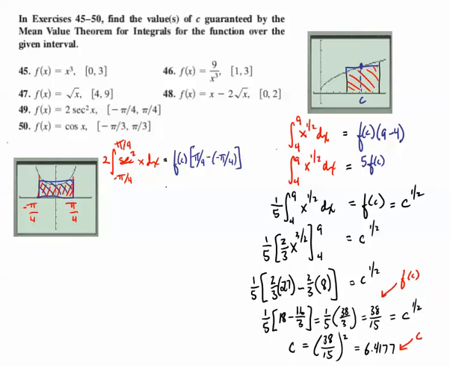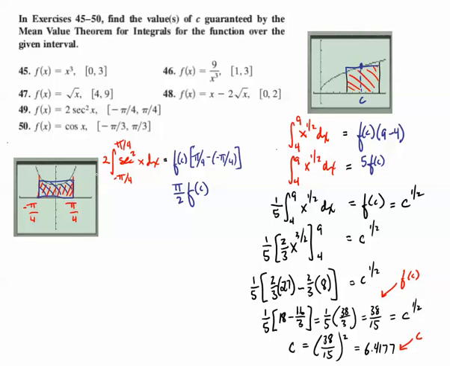And that's just pi over 2. So pi over 2, and our f of c here is 2 times the secant square of x. Well, we'll get to that in a second. So we have pi over 2 f of c.